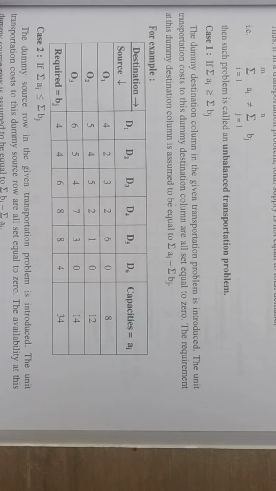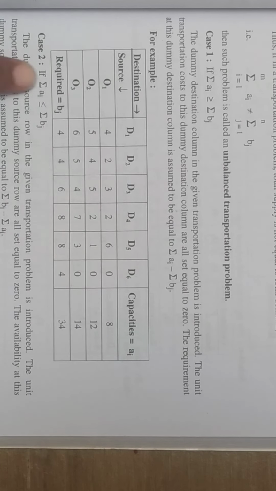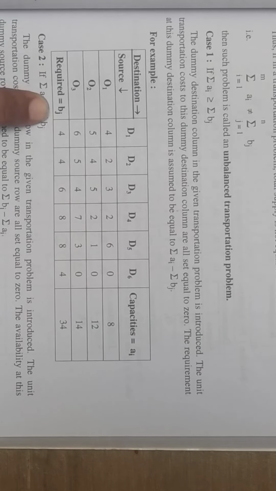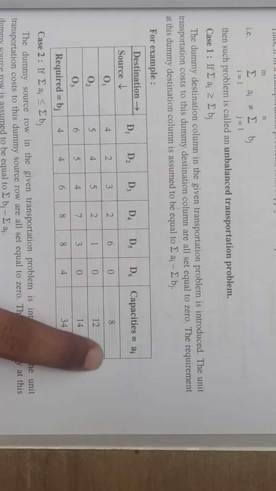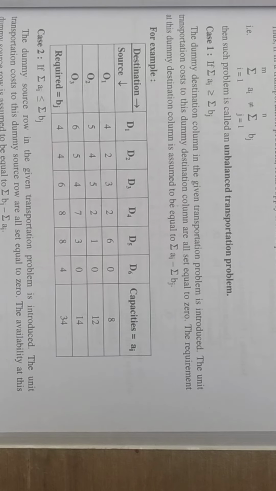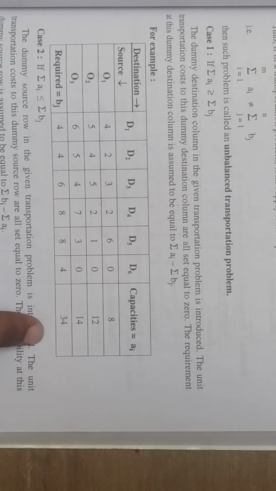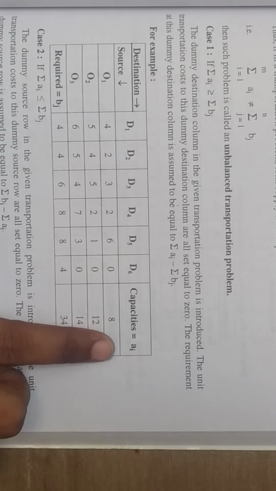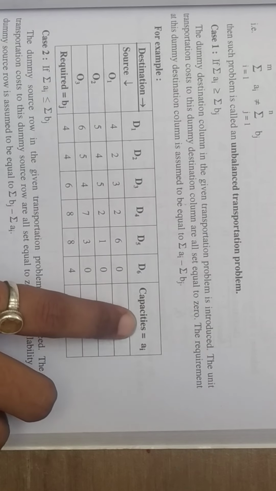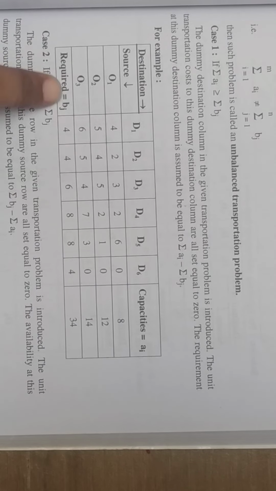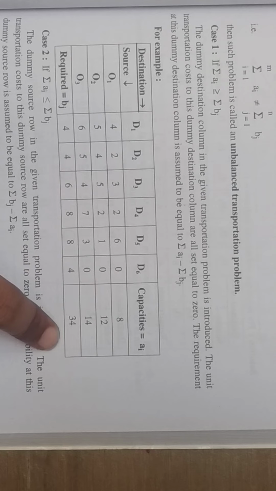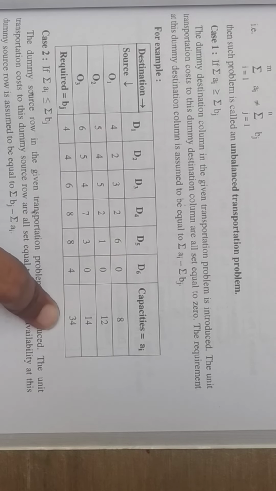So, for example, this is the destination, source, required Bj, and these are the capacities Ai. If we calculate the total capacity and total requirement, both are not equal.